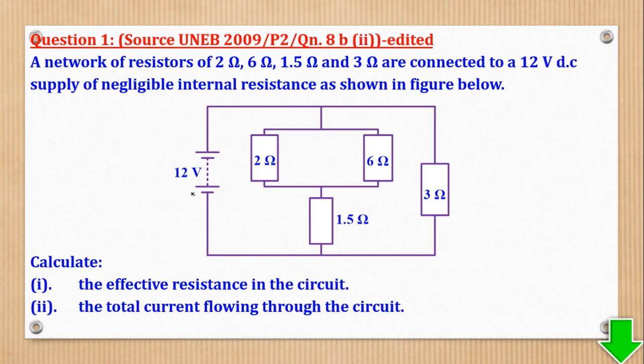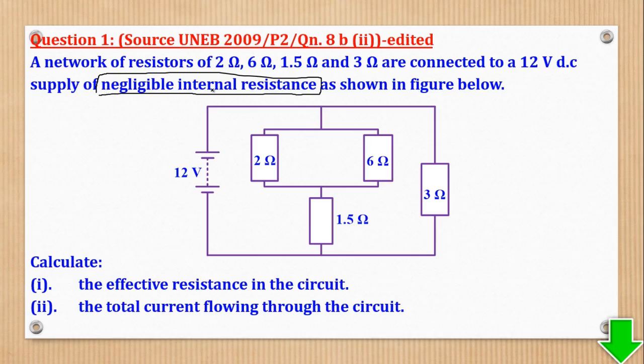So it says a network of resistors, these ones, are connected to a 12-volt DC supply of negligible internal resistance. By now you don't know what this word means, but the good thing is they said negligible. Negligible means it can be neglected. So we are still safe even if you don't know it because it has been neglected.